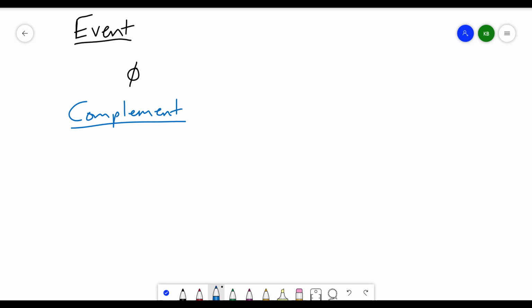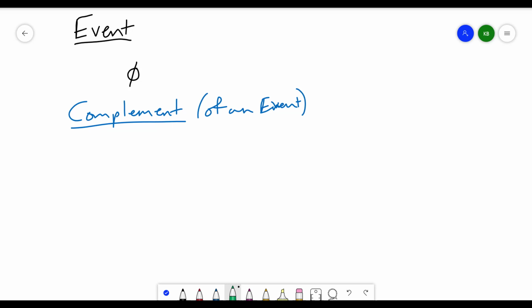Another word that gets tossed around a decent amount is the complement of an event. So what we're talking about here is everything in the sample space that is not part of the event.